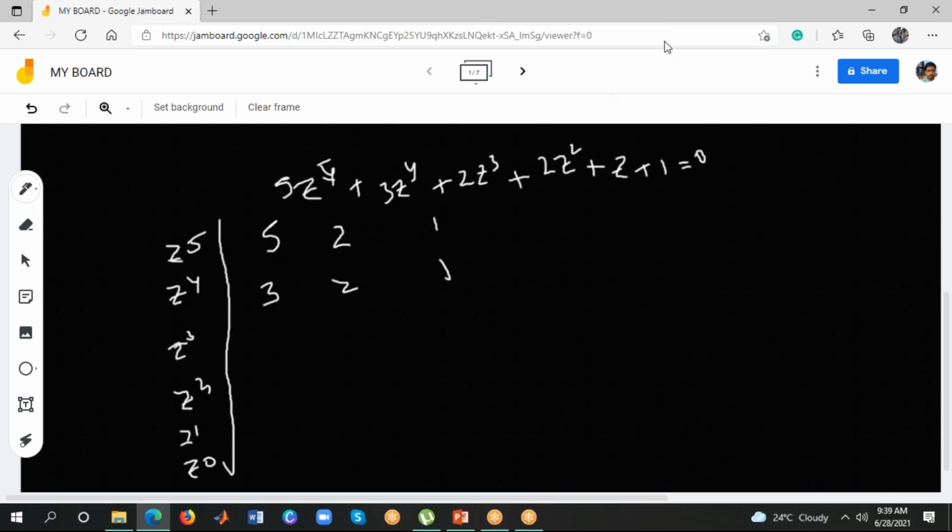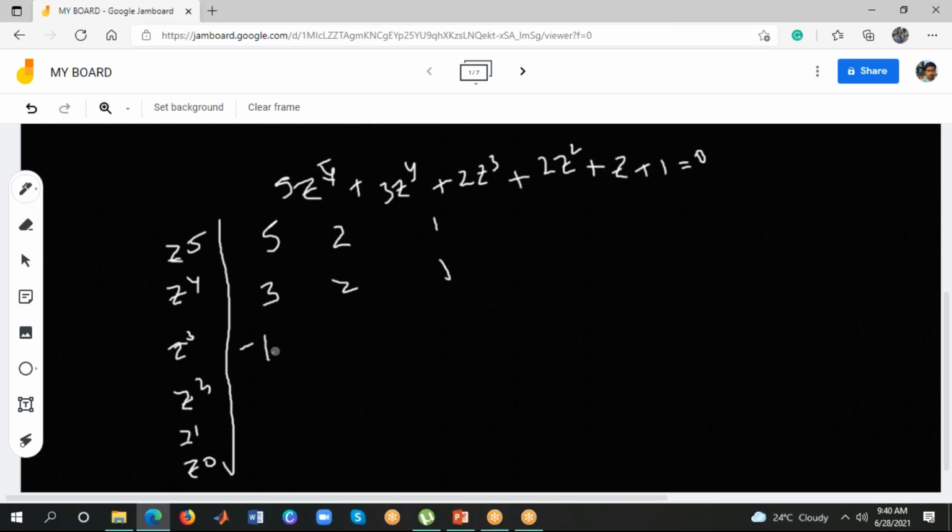What is the first term in the z cubed row? Right, minus 1.33.